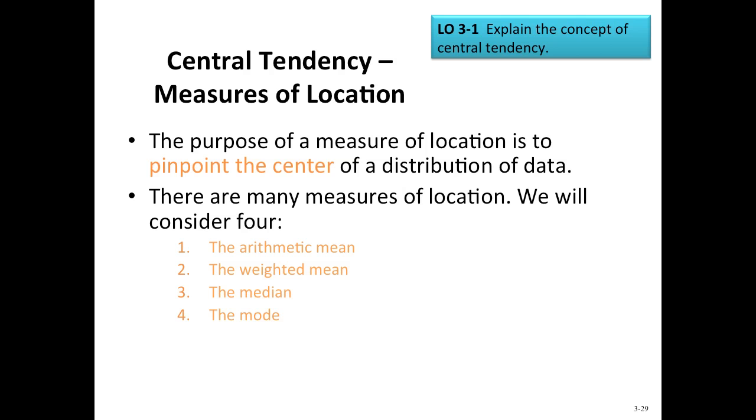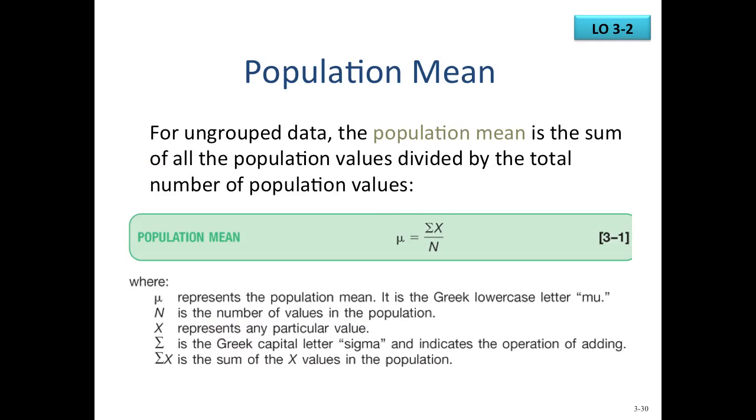So central tendencies, these are measures of location, meaning the weighted mean, regular mean, median, and mode. So it tells you basically what the distribution looks like and where the center point is. And these are the 4 that we'll be considering.